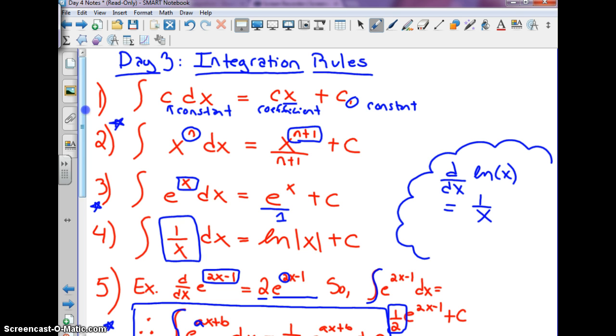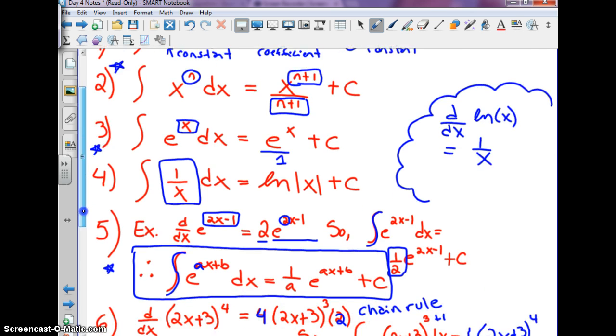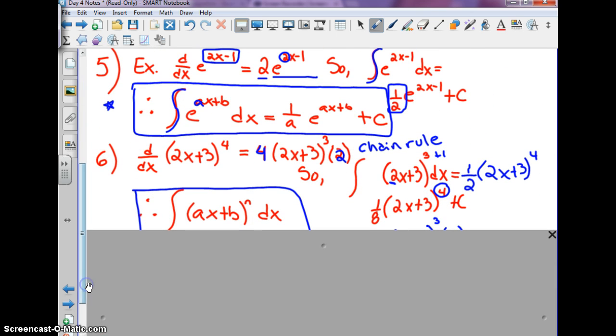Rule number 2 was just x raised to the nth power, and I want to divide by this exponent here, the n plus 1. So now that I have something raised to the nth power, come back over here for a minute, I'm going to also want to divide by the 4, my exponent. So I have a 1/2 and a 1/4, which makes 1/8. 2x plus 3 to the 4th power, and then I added the plus c onto it.